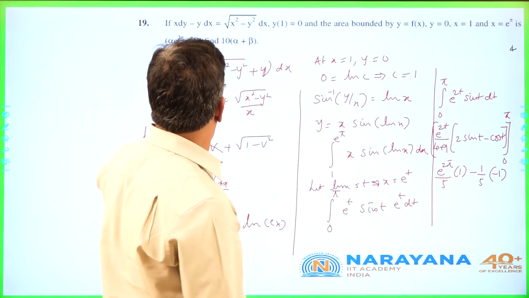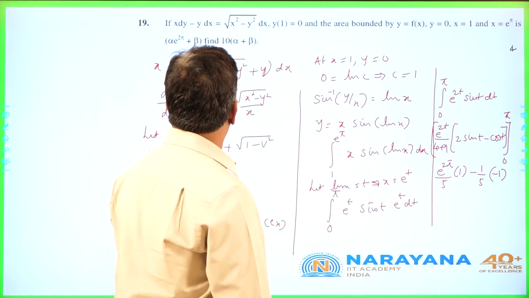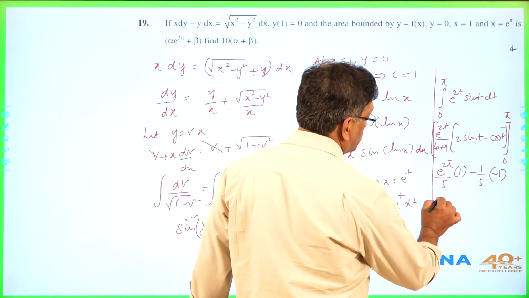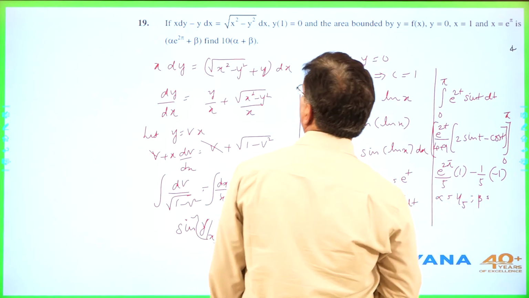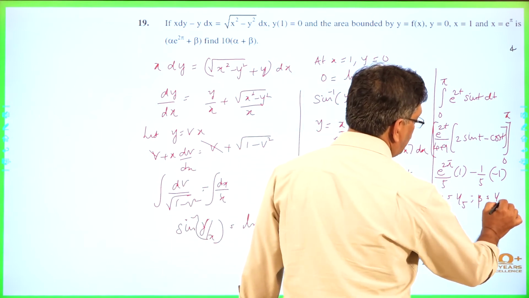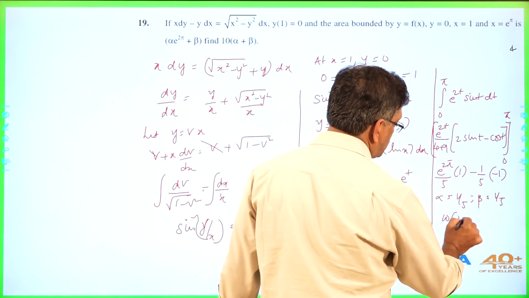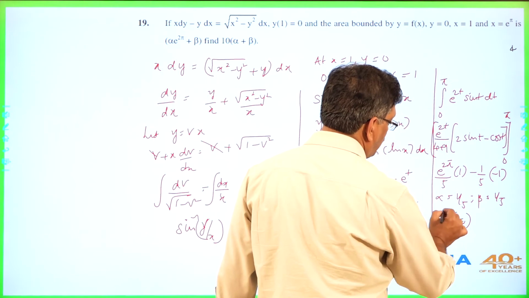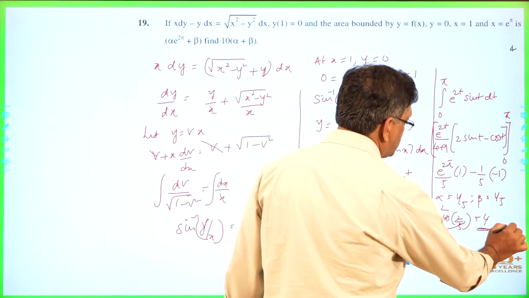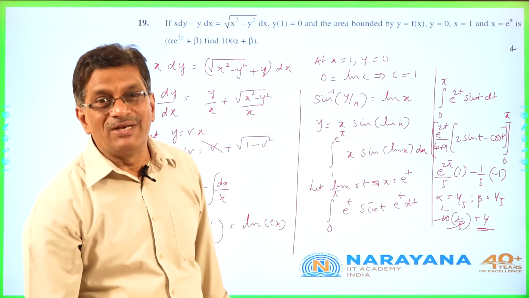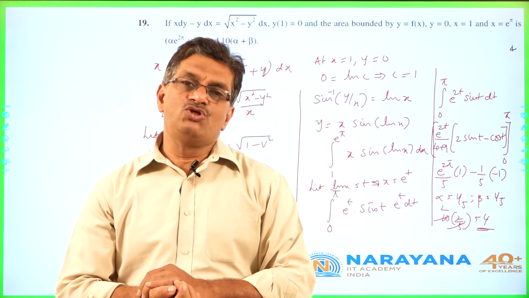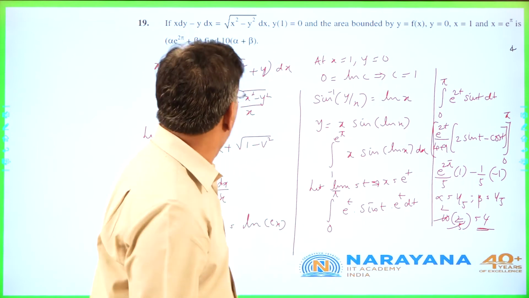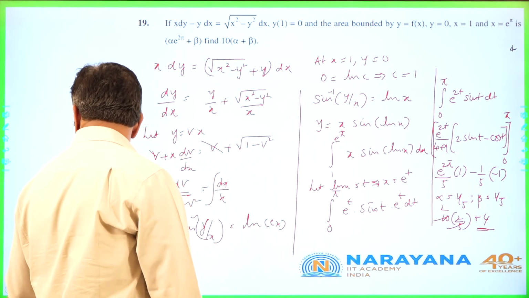So, he has given it as alpha into e power 2 pi. So alpha is 1 by 5, beta is also 1 by 5. It is 10 times 2 by 5, that is 4. The problem is simple, but you have to remember the e power ax into sin bx formula. Okay. Let us go to the next one.